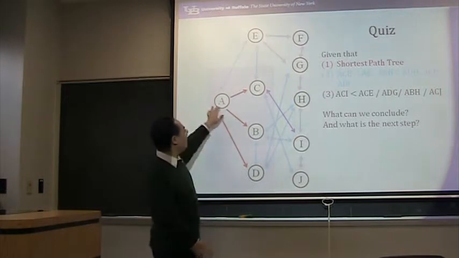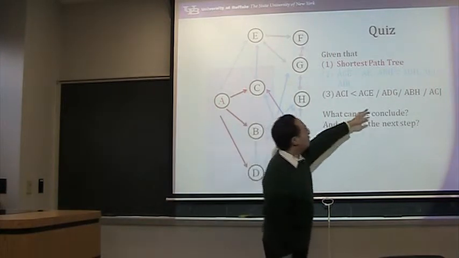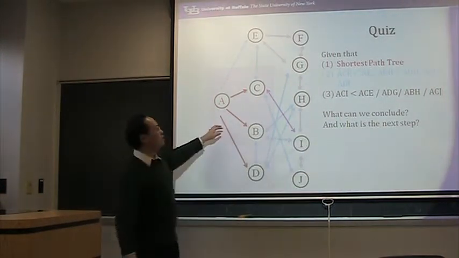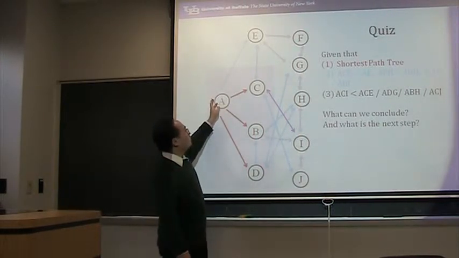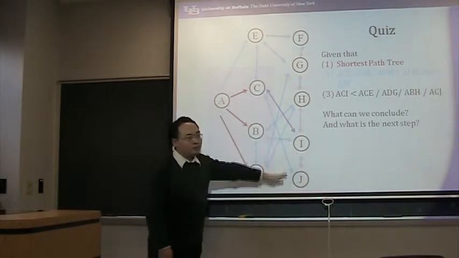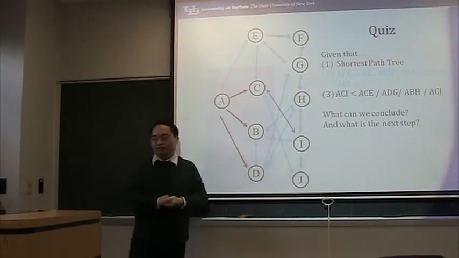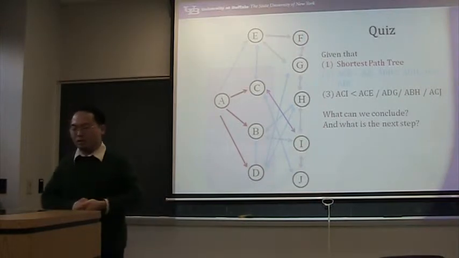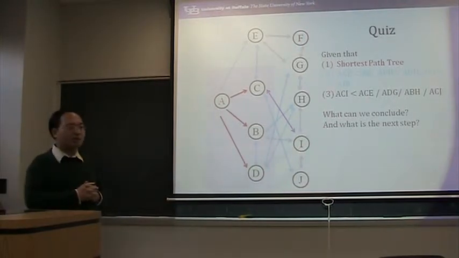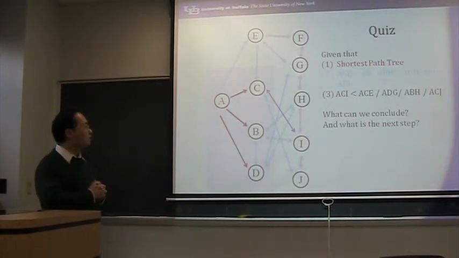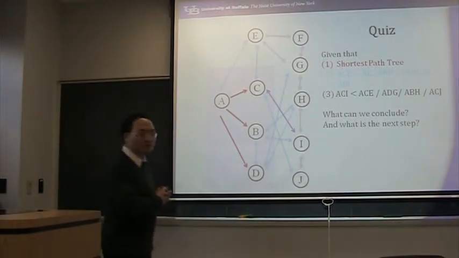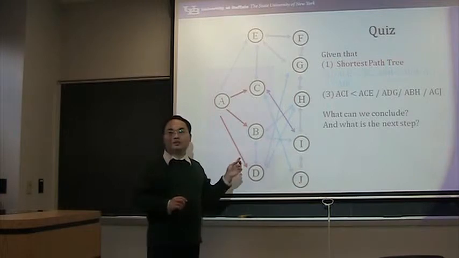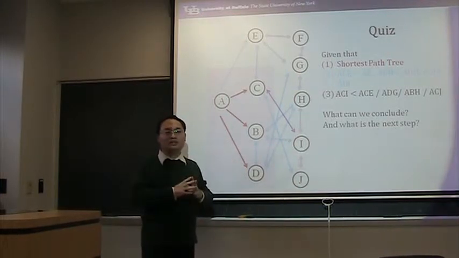So I'm comparing ACI, ACE, ABG, ABH, ACJ, comparing A to any other adjacent point. I'm using a lot of time talking about this, and I hope you understand. Do you have any question about this? Are you really clear about that?